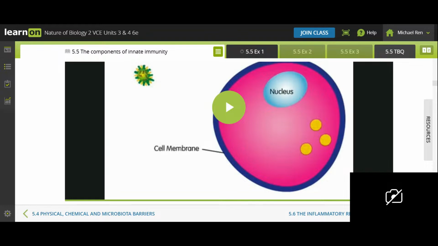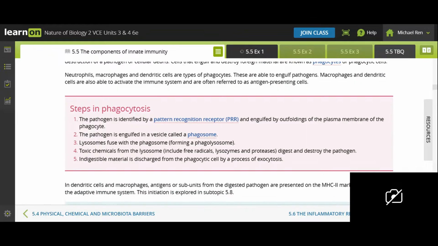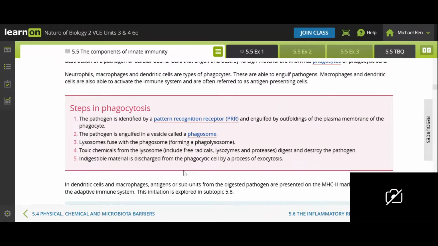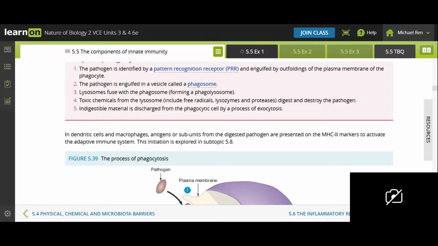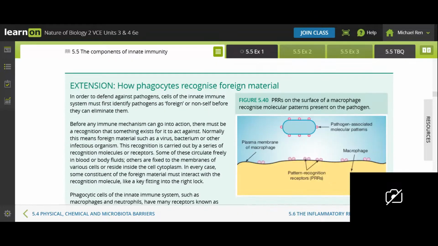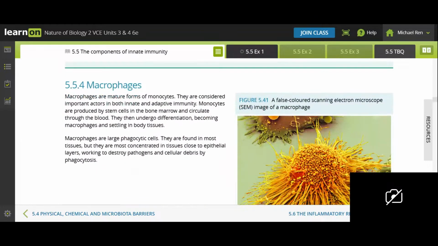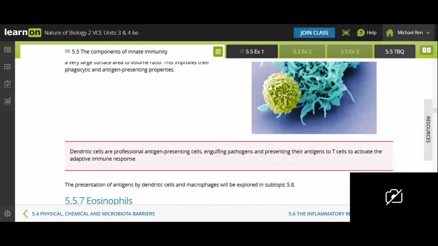And stage 4 is that the cell expels the leftover protein fragments. Yeah, good enough. I might need to know what a phagosome is, but other than that, that's pretty good.